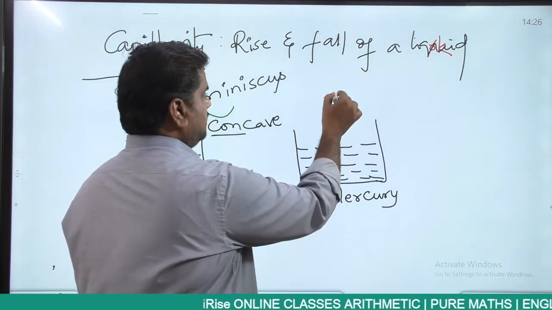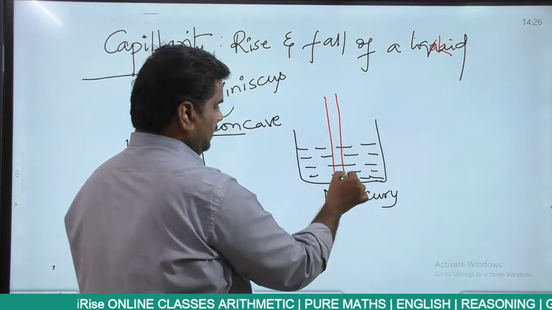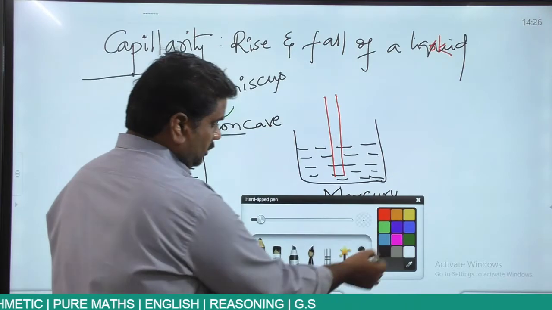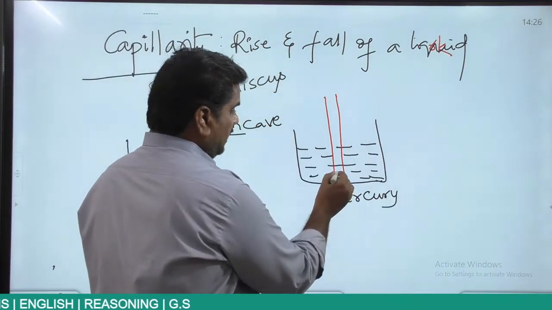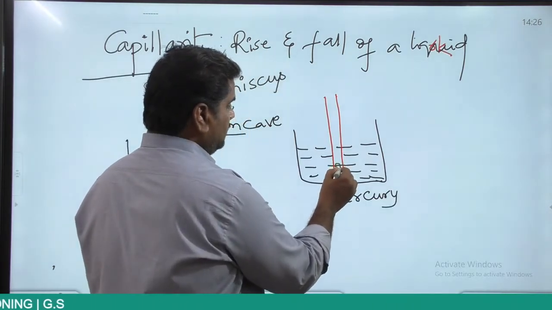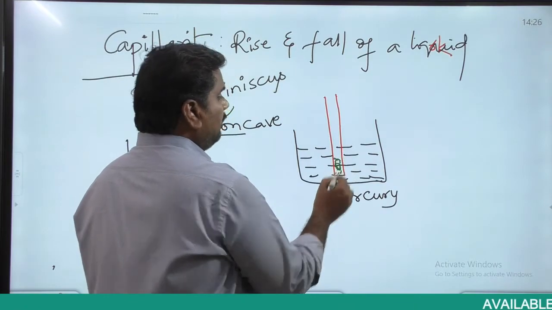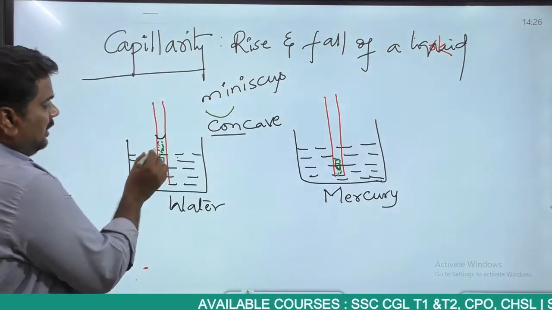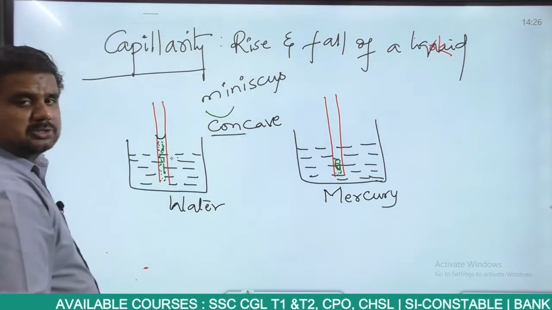Whenever you are placing a capillary tube in a beaker consisting of mercury, the level of mercury in the capillary tube will be less with respect to the surroundings. Here in the water case, the level has increased with respect to surroundings.